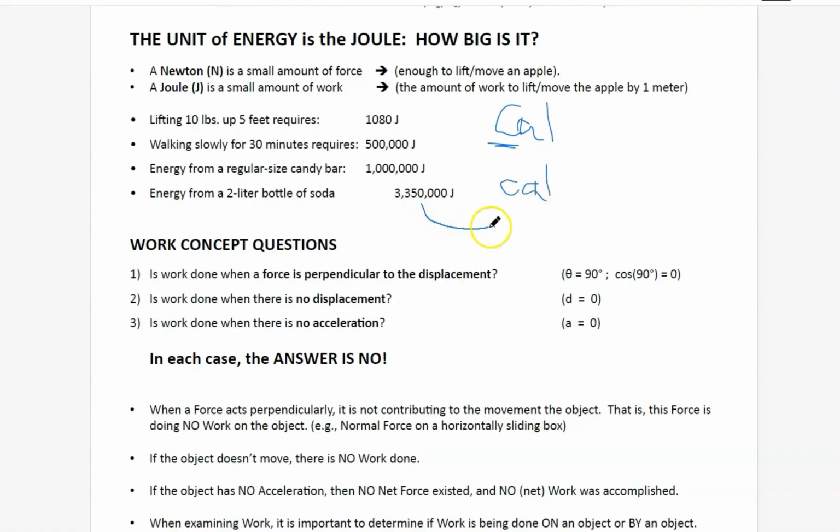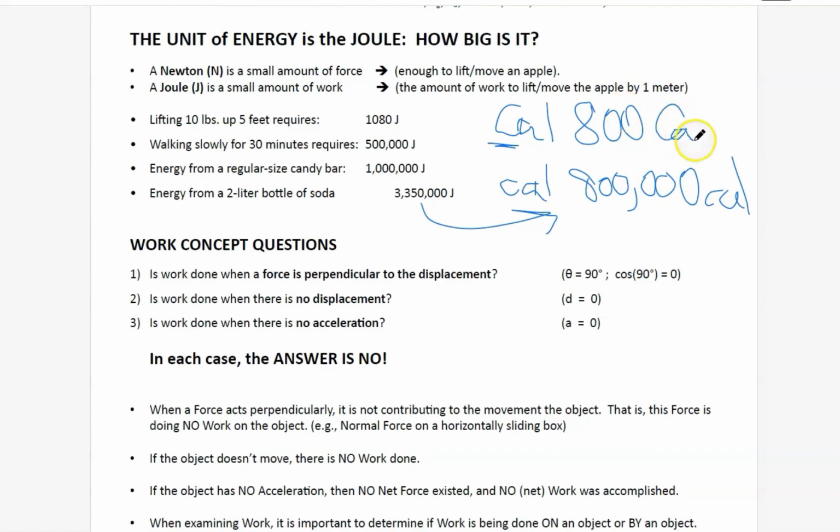So this number of joules works out to about 800,000 real calories, the little c calories, but that would be equivalent on a package of food of 800 big C calories. So the big C calories are 1,000 little c calories. So if you're used to counting calories, this works out to about 800 calories.